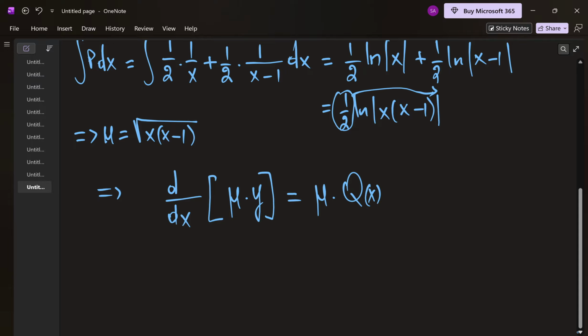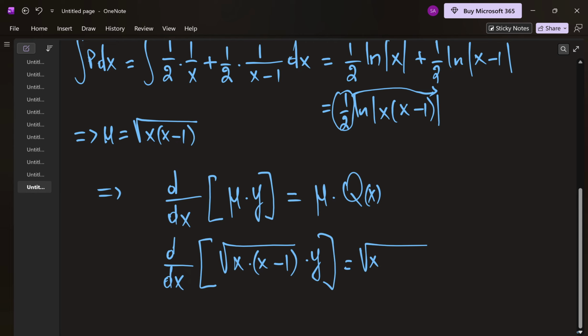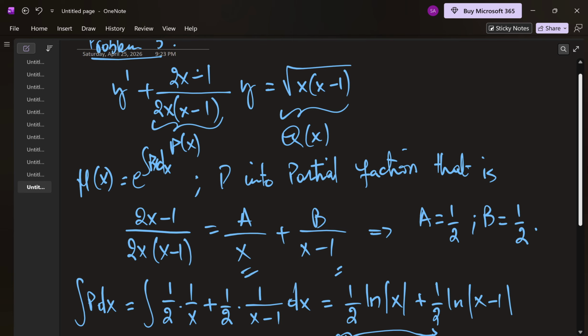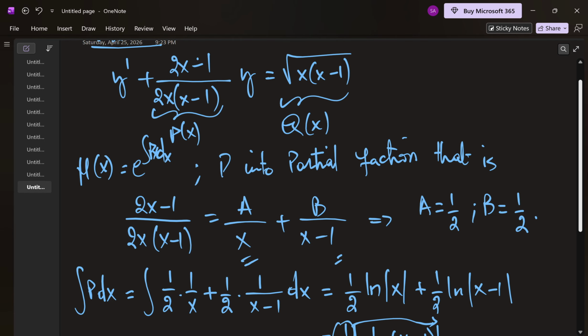So how to do this? You have d over dx of the square root of x times (x minus 1) times y is equal to the square root of x times (x minus 1) times q. What is the value of q? It is the square root of x times (x minus 1).